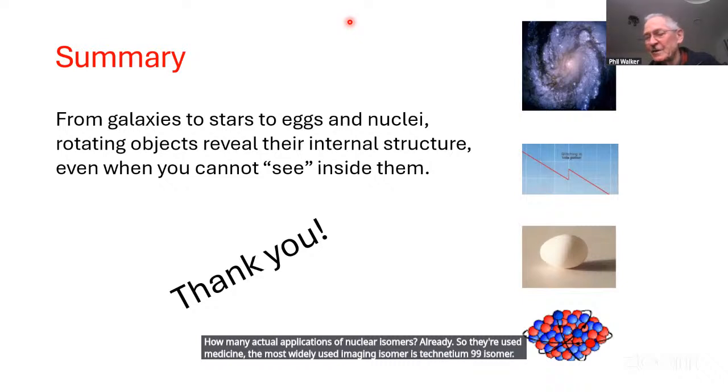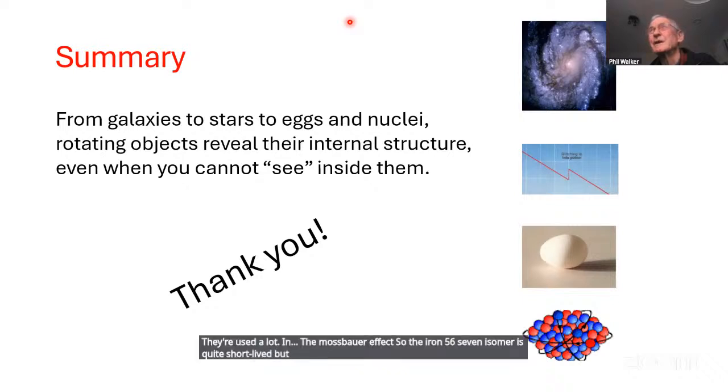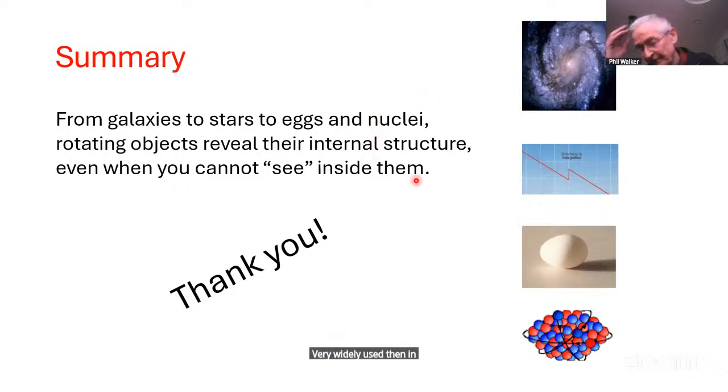They're used a lot in the Mossbauer effect. So the iron-57 isomer is quite short-lived, but it's important that it's an isomer for the Mossbauer accuracy. Very widely used then in solid-state physics.